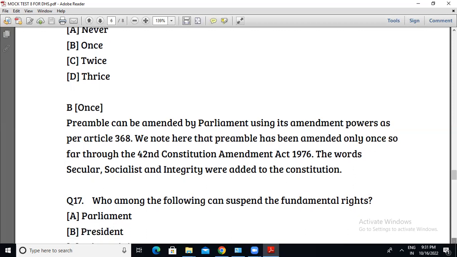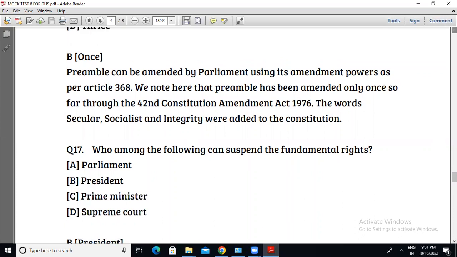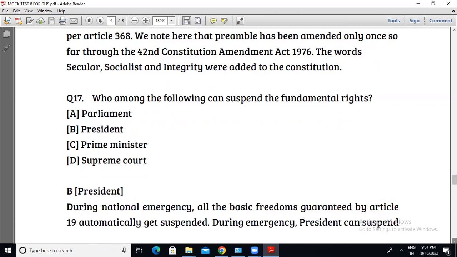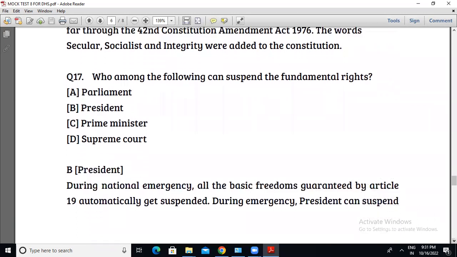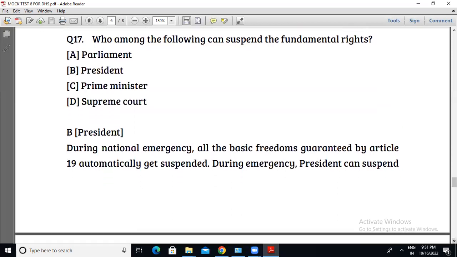Then, who among the following can suspend the fundamental rights? Parliament, President, Prime Minister, or Supreme Court? আৰু শুদ্ধটো উত্তৰটো হ'ব President. During national emergency, all the basic freedoms guaranteed by Article 19 automatically get suspended.